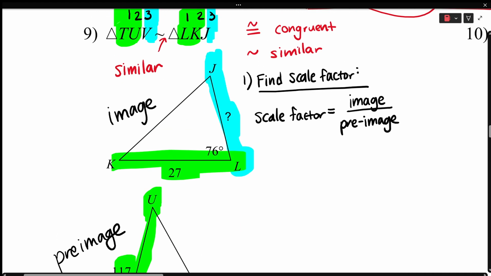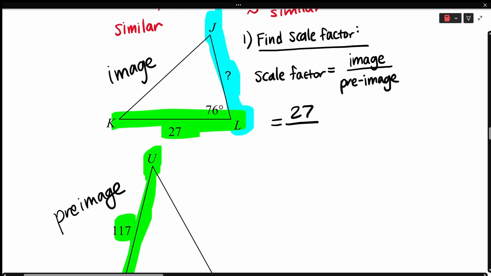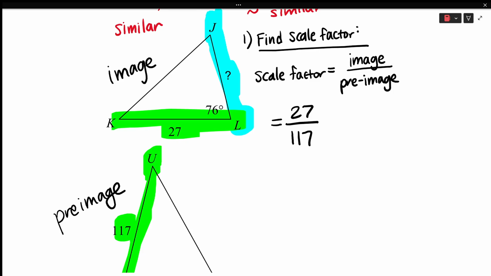So let's set it up, right? My scale factor is going to be the image first, which is 27, over the pre-image, which is 117. 27 over 117. You could just leave this as your scale factor, but if this really bugs you, you could simplify, right?